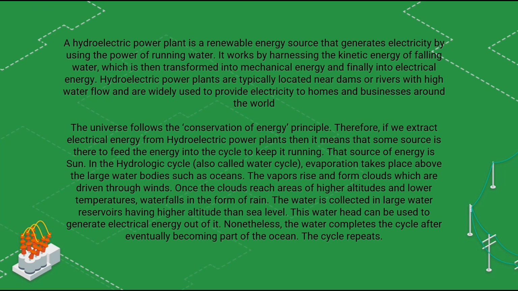The water is collected in large water reservoirs at a higher altitude than sea level. This water head can be used to generate electrical energy. Nonetheless, the water completes the cycle after eventually becoming part of the ocean. The cycle repeats.